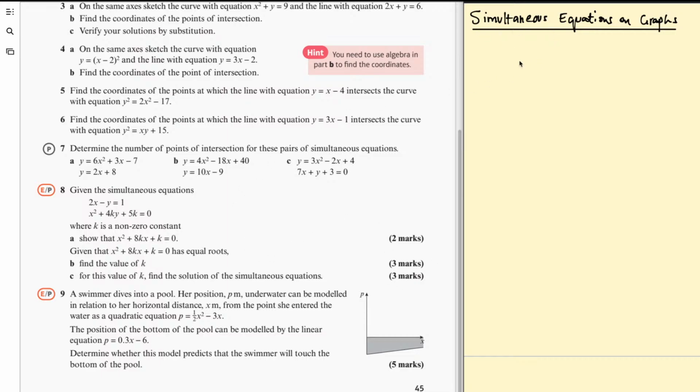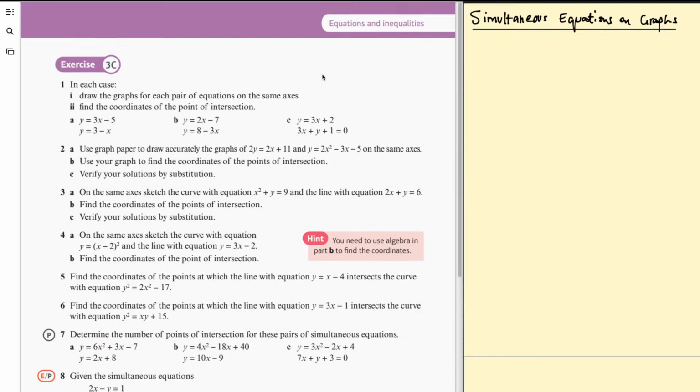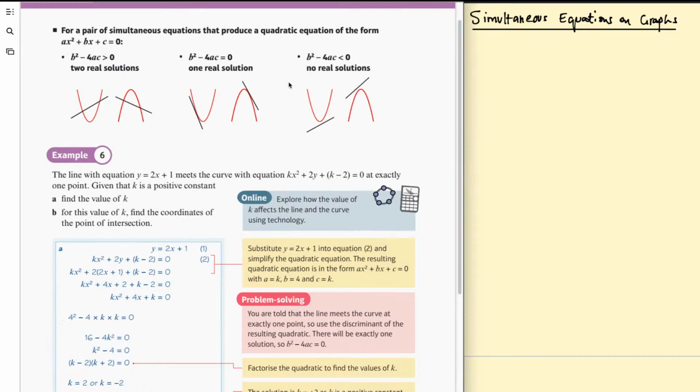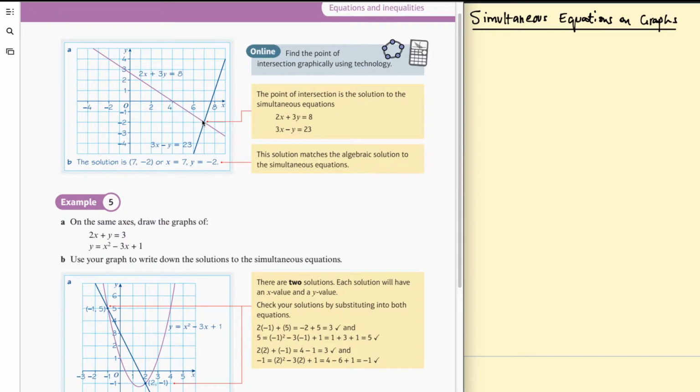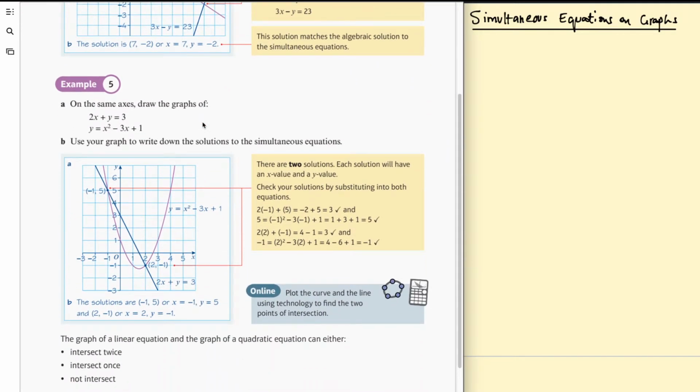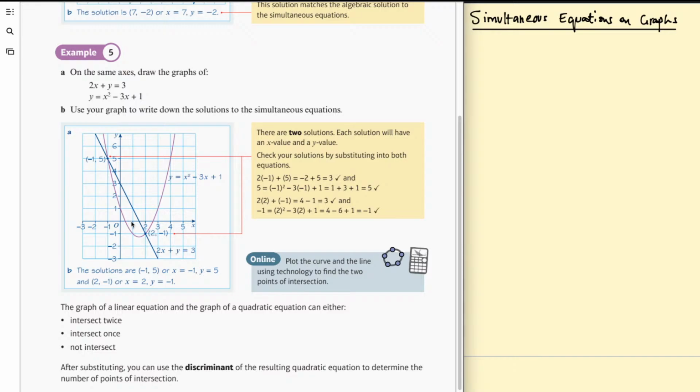So remember what we were saying about simultaneous equations on graphs. Basically, we were solving simultaneous equations algebraically, and then we looked at some examples where we graphed two straight lines, and where they intersect was the solution to those simultaneous equations. And then we graphed also a quadratic and a straight line and said where they intersect, there's the two solutions of those.